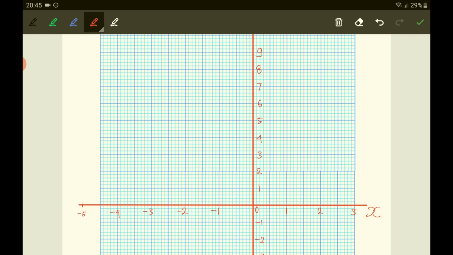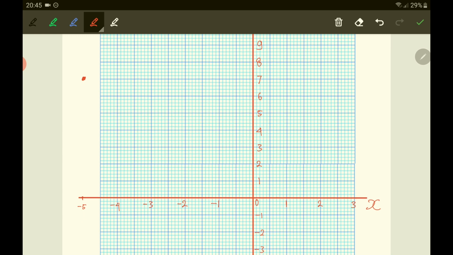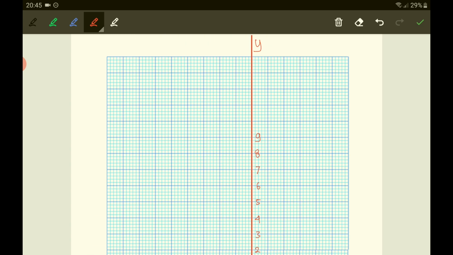The minus 5 here is outside because it's too small, so it's around here. The graph is so big that it doesn't cover everything. So that's the first point.